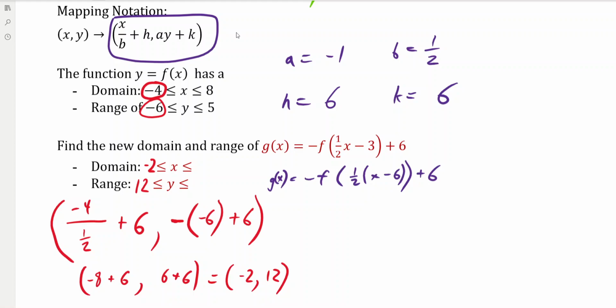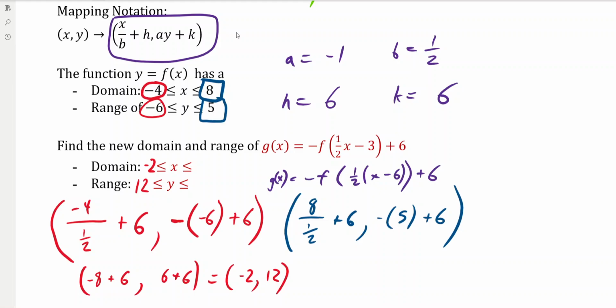Let's take a look at the other 2 points, doing the exact same process. So we have 8 over 1/2 plus 6, and we have minus 5 plus 6, and we get to 16 plus 6, minus 5 plus 6.